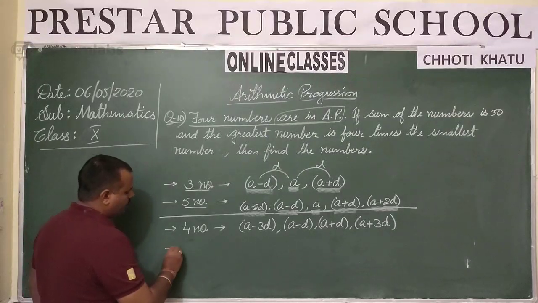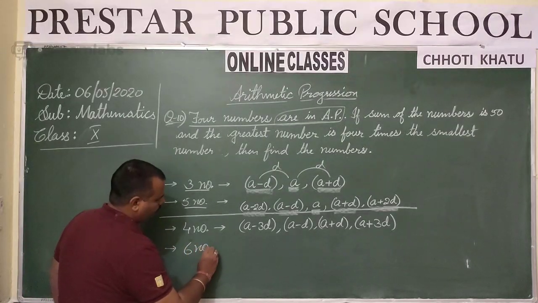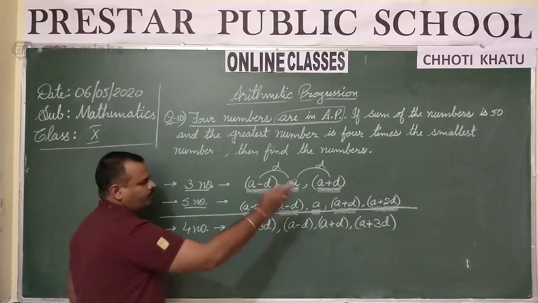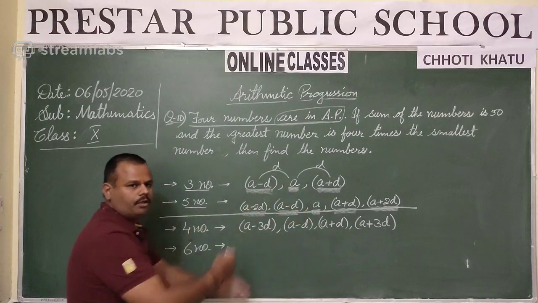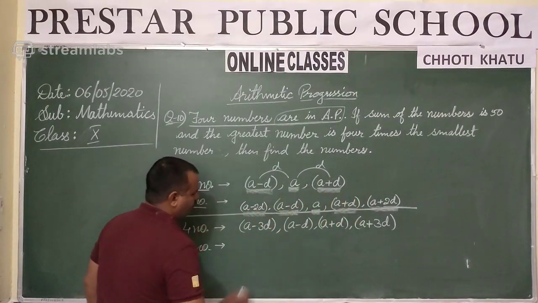Similarly, if six numbers are to be taken, we will add one number in the beginning and one number at the last, at the sixth position.